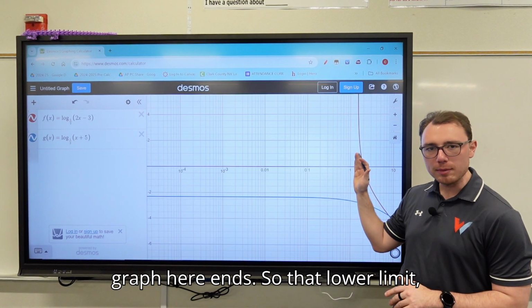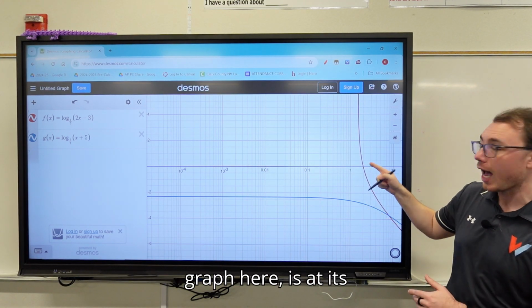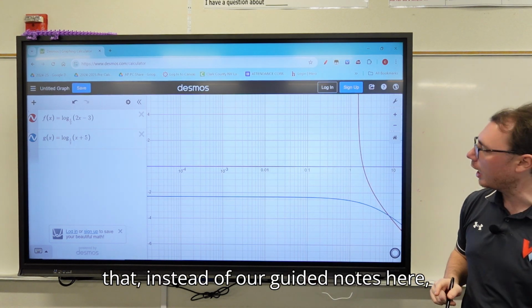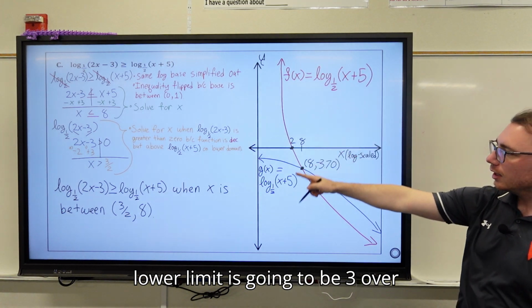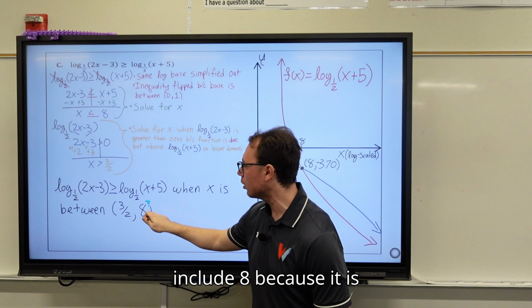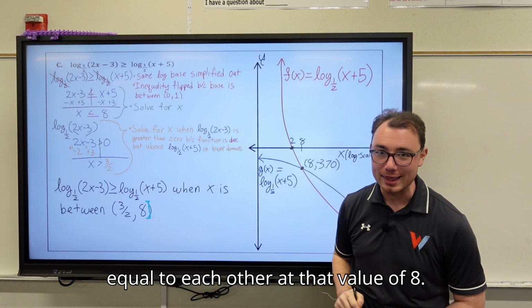So that lower limit, when f of x is greater than this blue graph, is at its vertical asymptote. When we describe that inside of our guided notes, we want to specify that our lower limit is going to be 3 over 2, 8, where we include 8 because they are equal to each other at that value of 8.